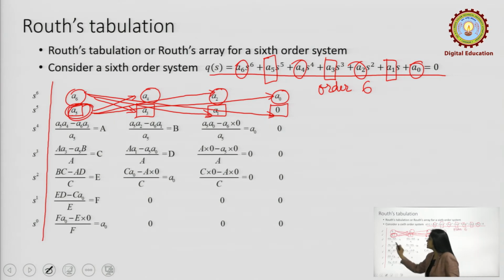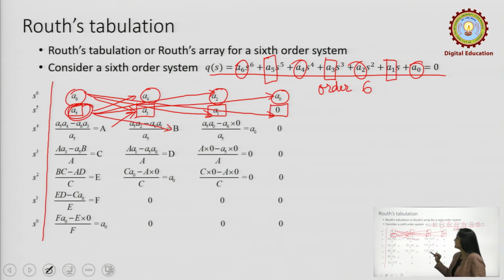Similarly, how is the first element of the fourth row obtained? It is a5 into a3 minus a6 into b, divided by a5, and correspondingly the next term, a5 into a1 minus a5 into a0 divided by a.